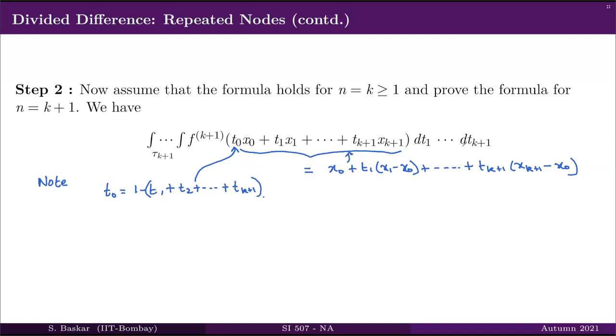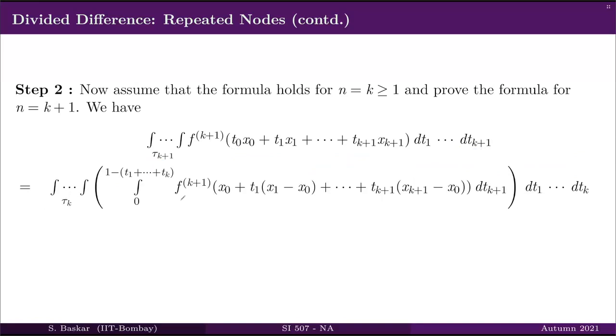Then I will separate this and bring out one component separately, and integrate the entire thing for that variable. So I will bring out the integration for tk plus 1 separately.